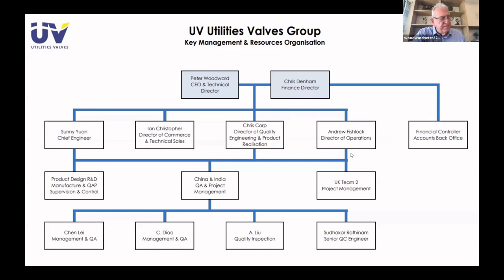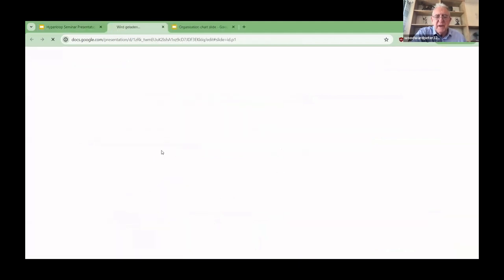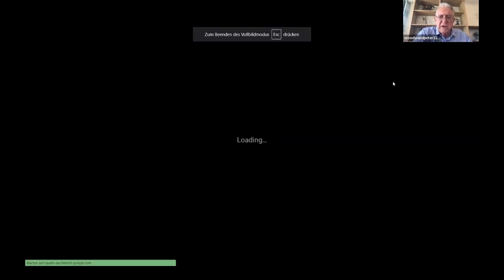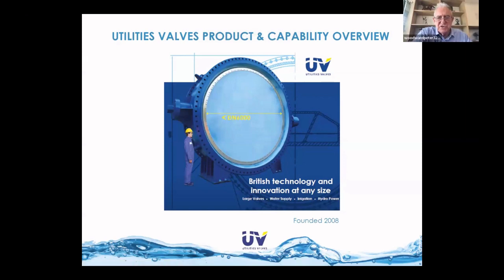So that's the team, and if we just look at the core strengths, which I've touched upon, the industries which we're specializing in are water supply and hydropower, and water irrigation for the main part. And this takes us very much into the large valve technology and the high pressures, and also challenges us for sealing solutions.